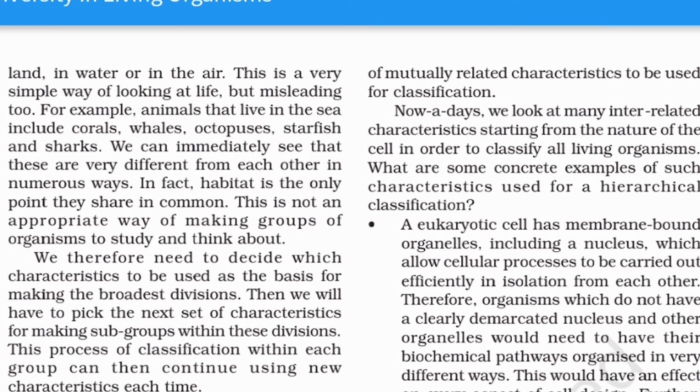For example, animals that live in the sea include corals, whales, octopuses, starfish, and sharks. We can immediately see that these are different from each other in numerous ways, but these all are aquatic. In fact, habitat, the surroundings in which we live, is the only point they share in common, that is the water.